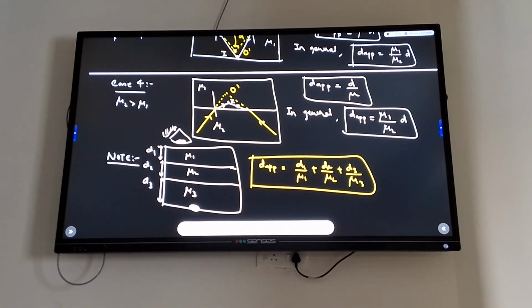Virtual object is the point at which the ray appears to be moving. तो ये इसके directions बना दीजिए. They are appearing to converge, but then they refract at this point. So this is rarer medium, this is denser medium, rarer medium.